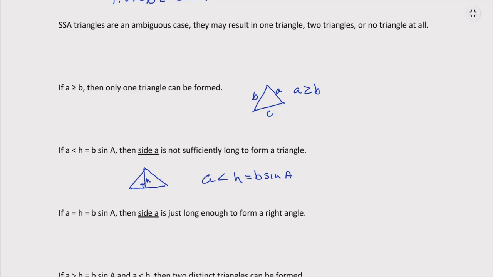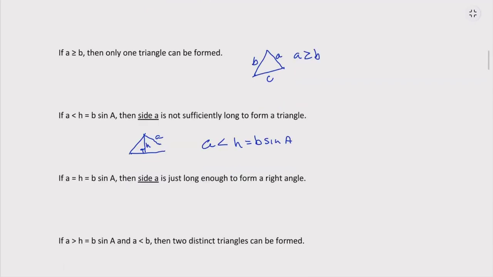If this was side a right here, it actually would be a little bit short. Let me erase it. Yeah, like that would be a gap. Again, my picture's not justifying what I'm talking about here, but that's what we're saying.